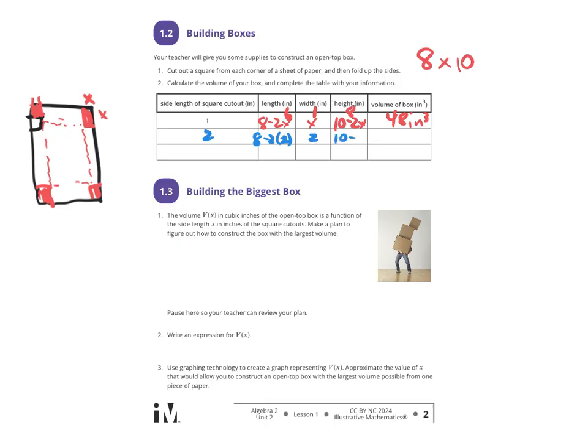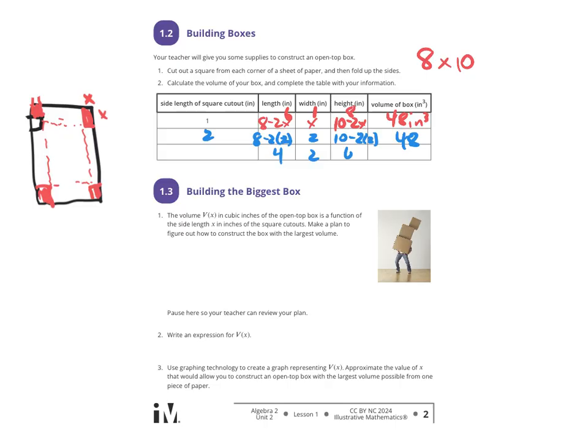Then 10 minus 2 times 2, which gave us 2 times 2 is 4. So that's 4 times 2 times 6, which gave us 48 inches cubed.